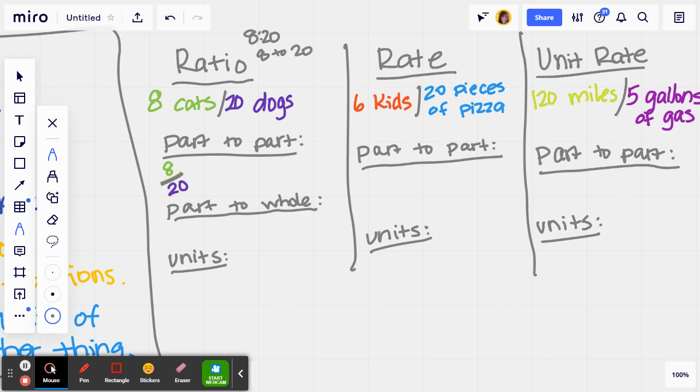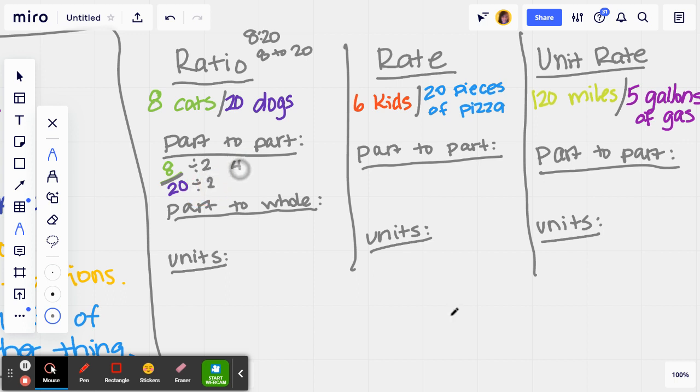Now I'm going to ask you, can we simplify that? If I asked you to simplify that ratio, how low could you go? If we want to simplify this ratio, what can we divide both of those numbers by? Well, you could say 2. Let's divide both of them by 2.